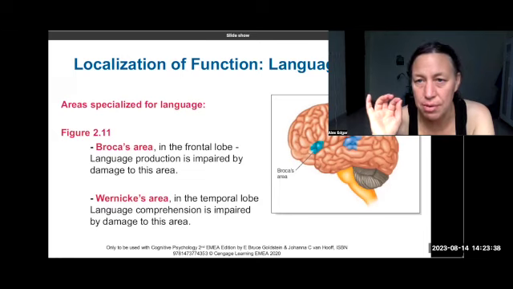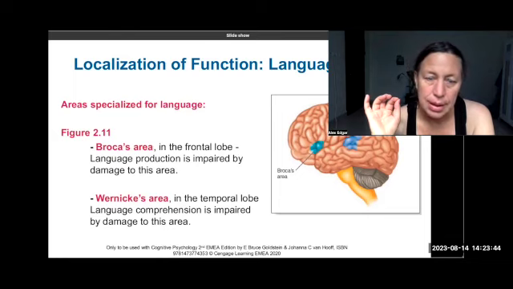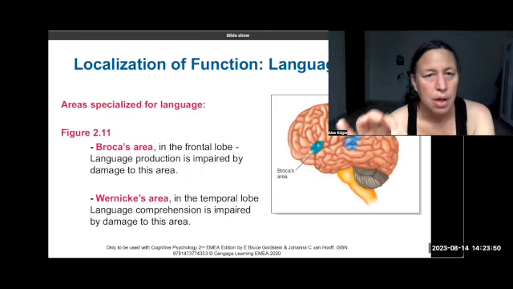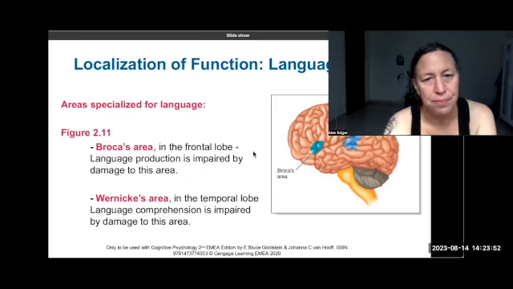And yet she understood everything. She lived with that profound disability for 10 years. And it never changed. Once it was out, it was out. So, Broca's, production; Wernicke's, input, comprehension.